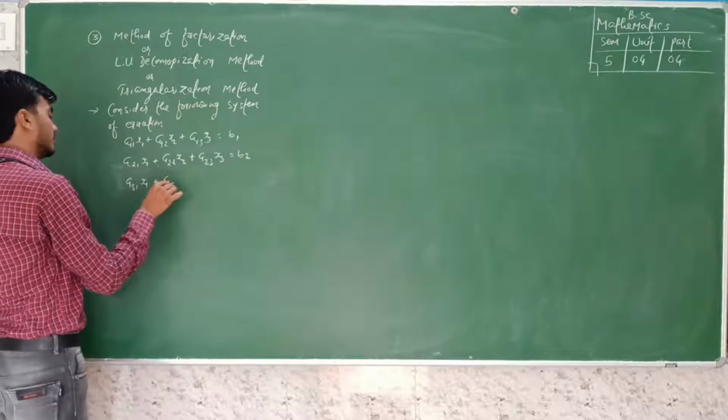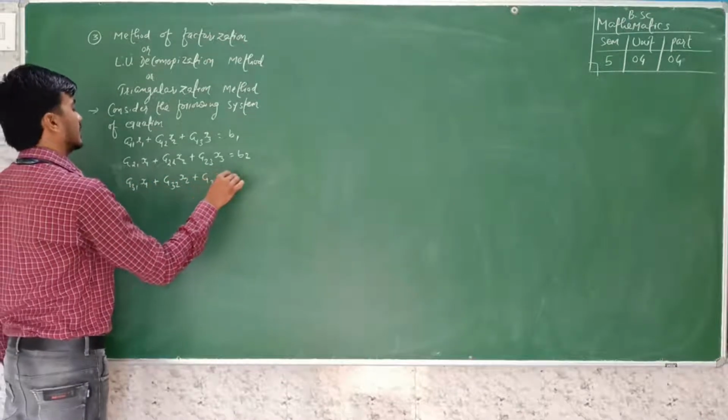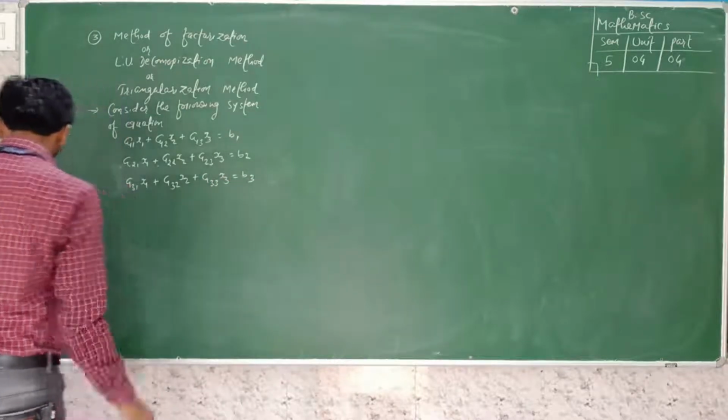Here x1, x2 and x3 are unknown variables. a31 x1 plus a32 x2 plus a33 x3 is equal to b3.